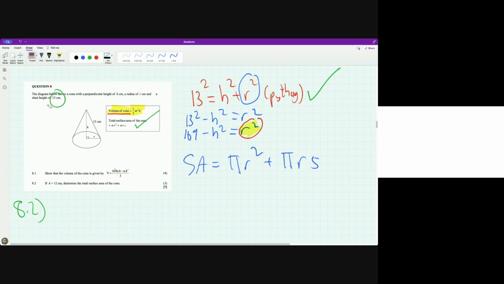Oh, and they tell me h is 12. Well, that's helpful, because if h is 12 and this part is 13, you can work out the radius for me using Pythagoras. Can someone work out r for me and tell me how they get r?